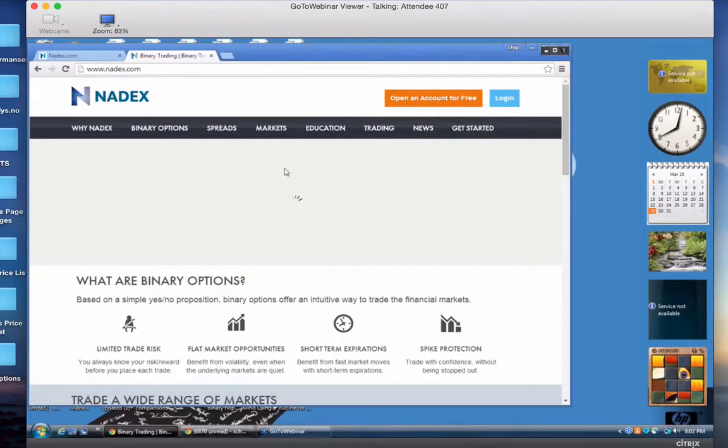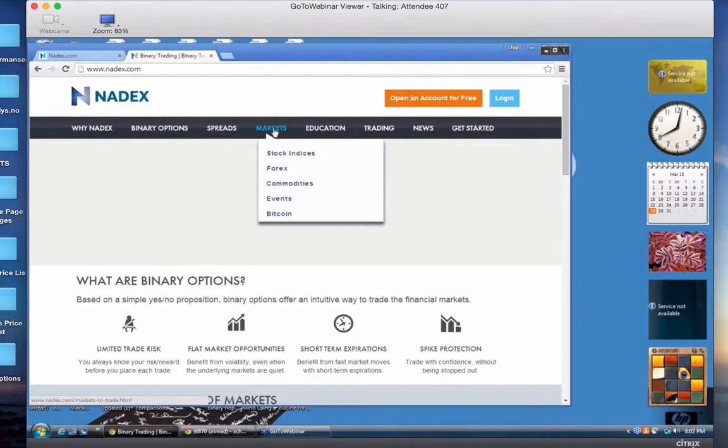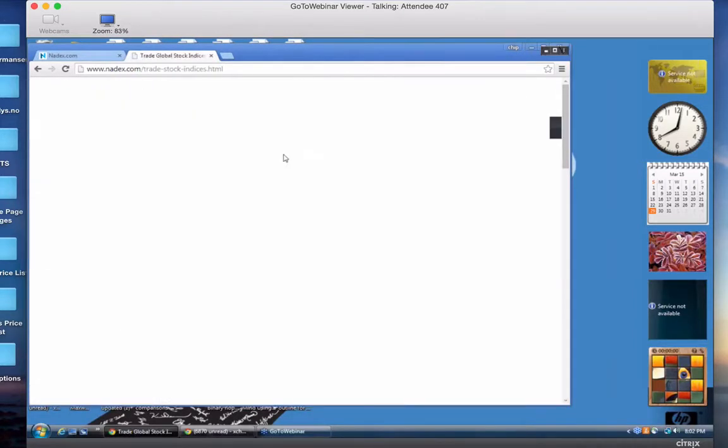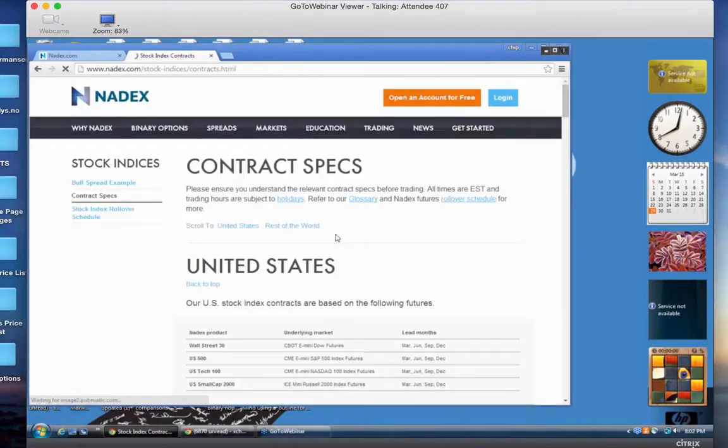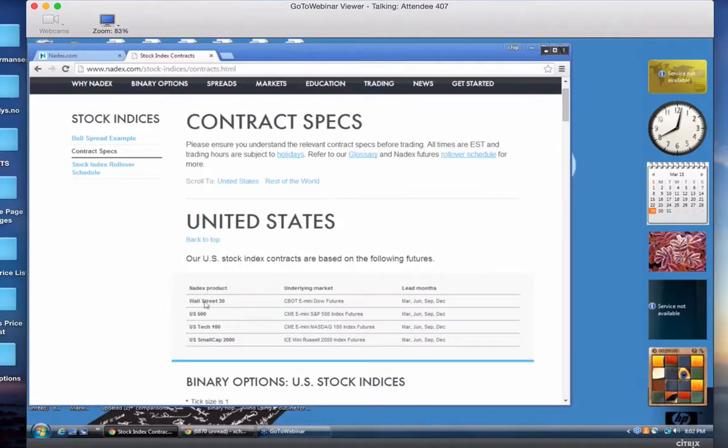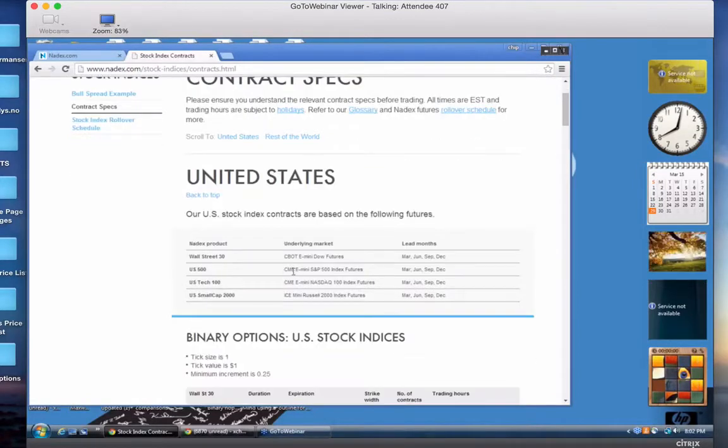Anyway, I'm going to start out with our home page. Many times if you have questions, for example, if you're questioning what market you're trading on, what the underlying product is, you hit stock indices and then contract specs, and you'll see what the Nadex name is, for example US 500, and what the actual underlying market is.